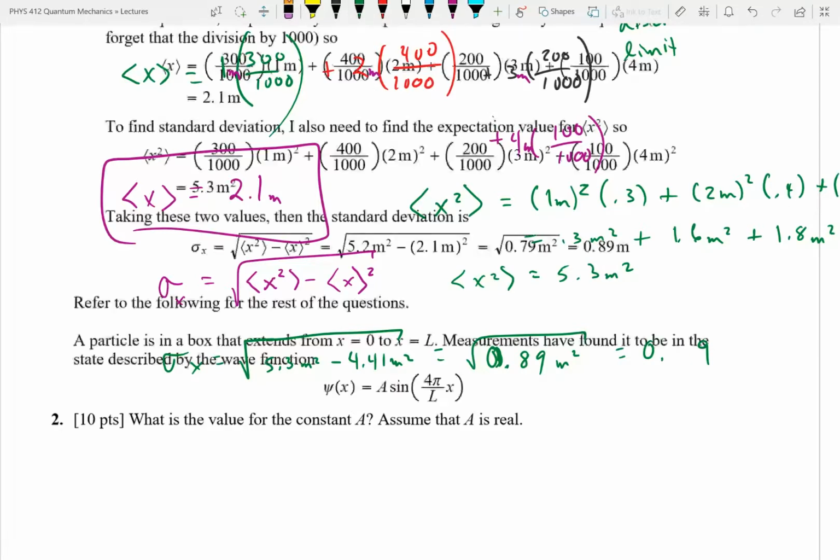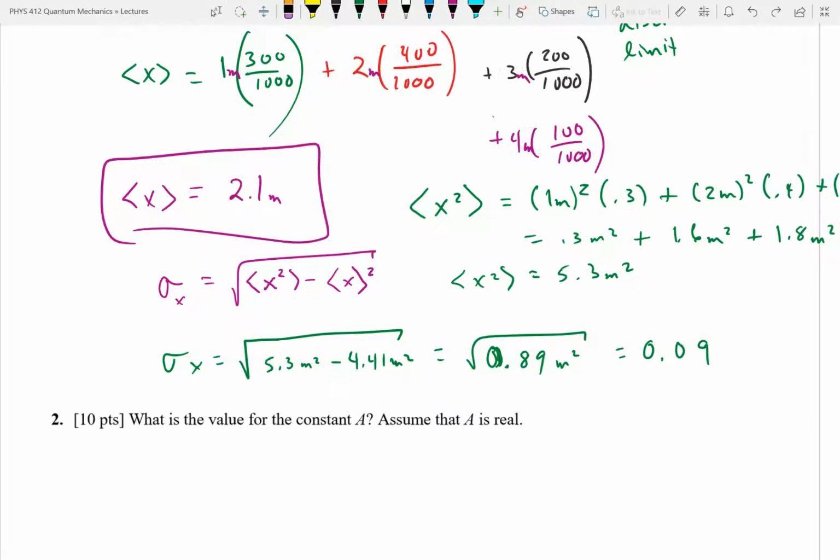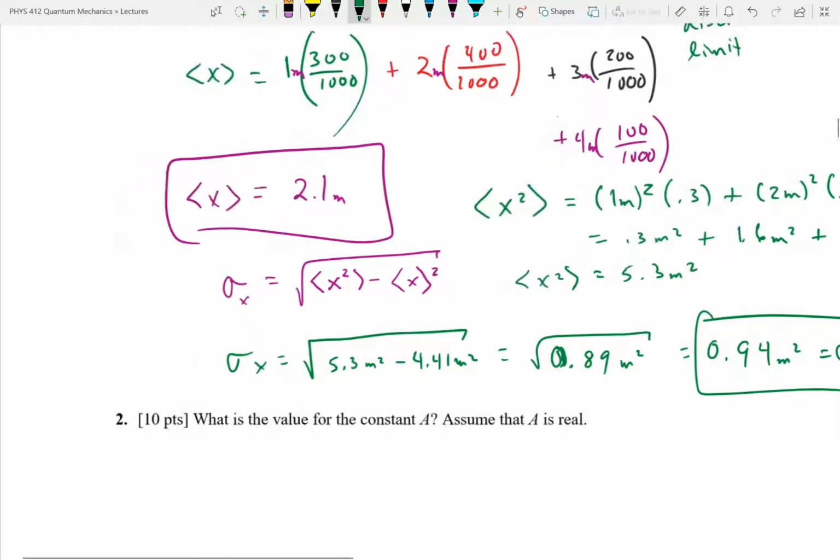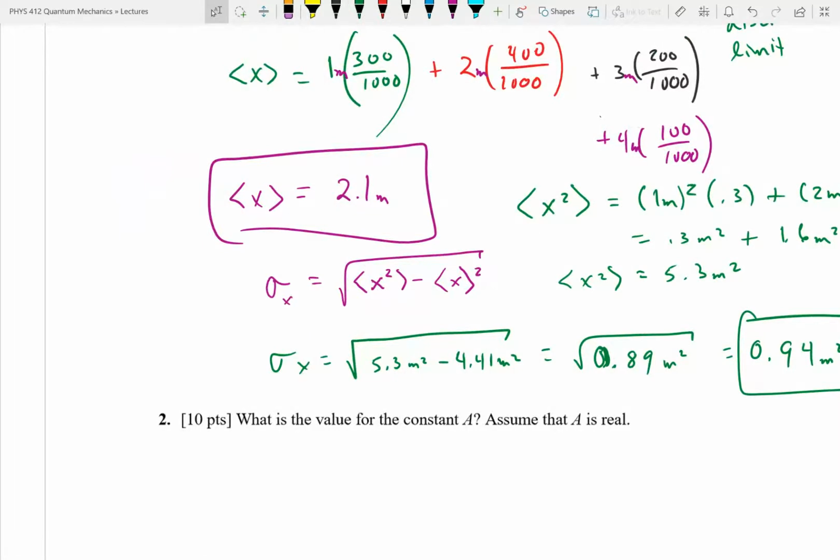Darn it. 0.9 what? Okay, so that was just practical work. At this point, hopefully that's pretty basic to you.